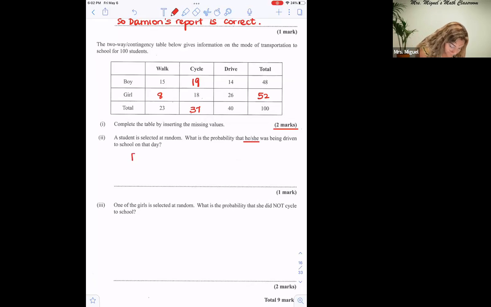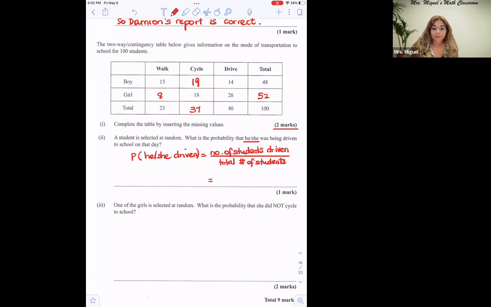So the probability that he or she was being driven is the number of students being driven over the total number of students. So work that out for me.